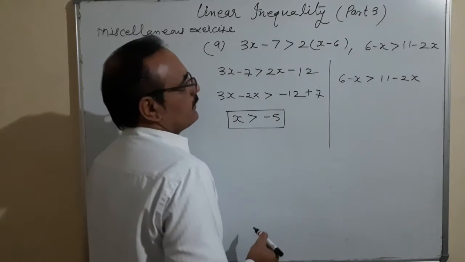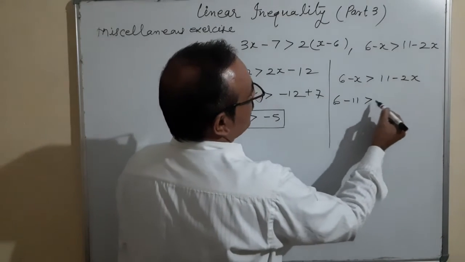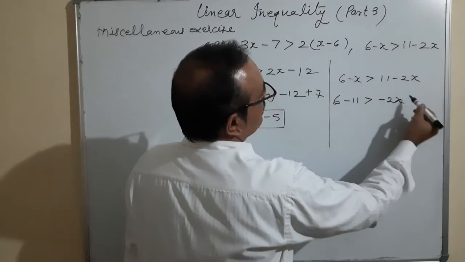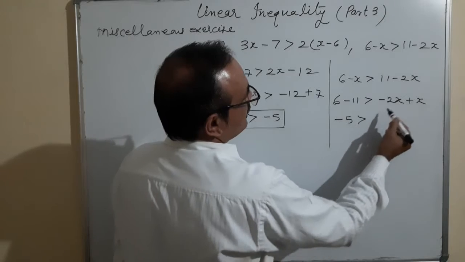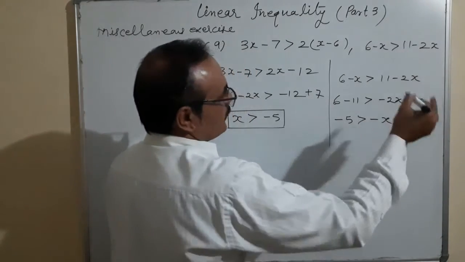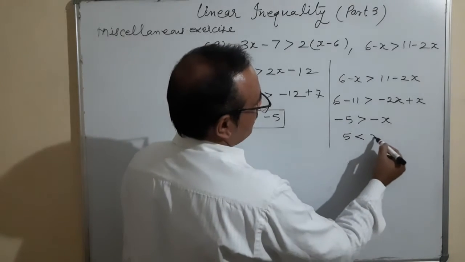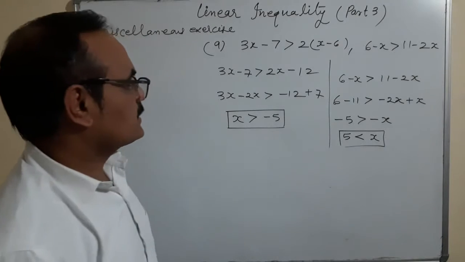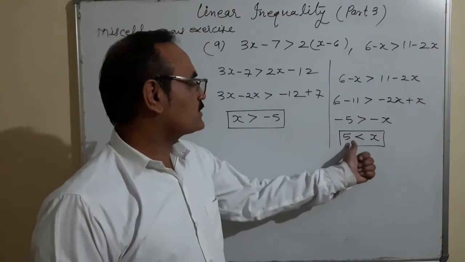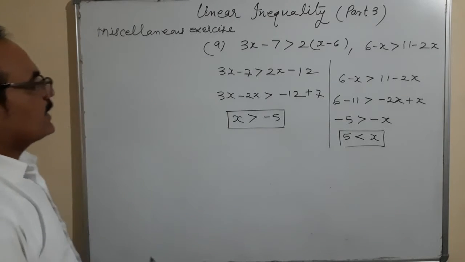Here what should I do? 6 minus 11 is greater than minus 2x plus x. 6 minus 11, minus 5, is greater than minus x. When I multiply it by minus 1, so 5 is less than x. Here again the same condition, 5 is less than x and x is greater than minus 5.